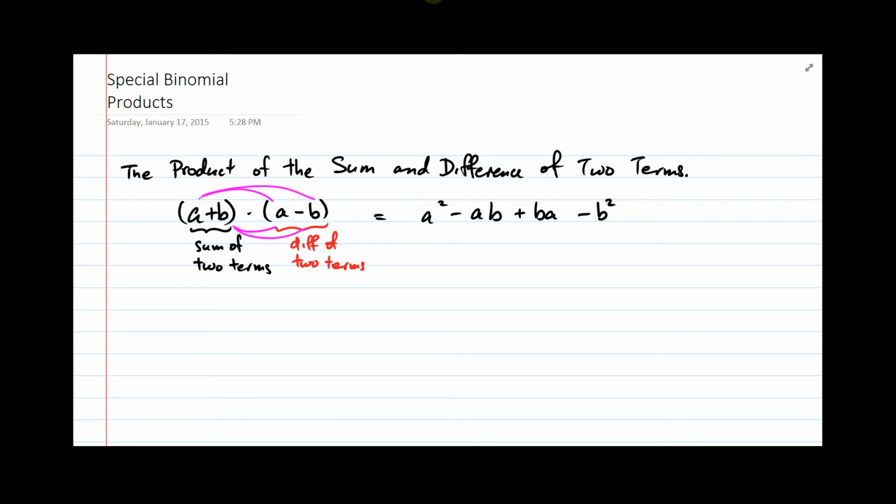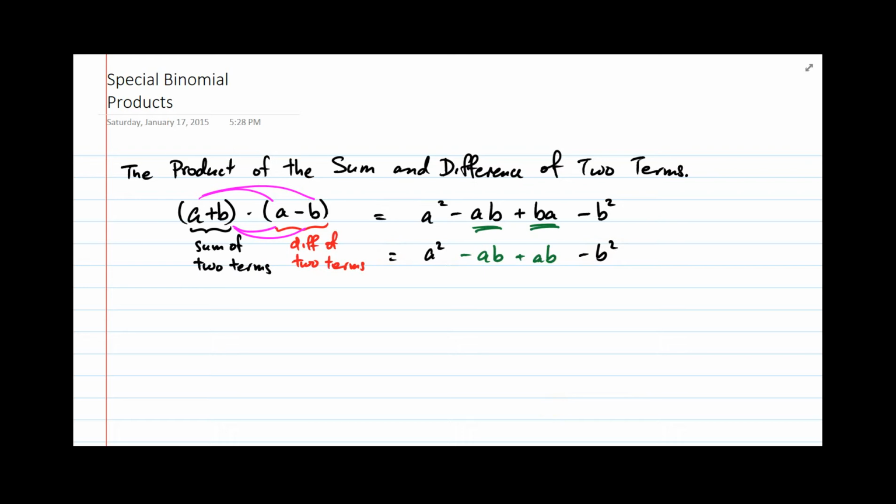Now, this brings up a good point. Remember that AB and BA are really the same thing. It's just turned around. The commutative property allows us to say that we have minus AB and plus AB, and here we brought back our A squared and B squared.